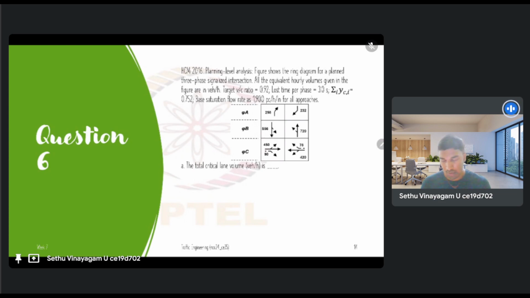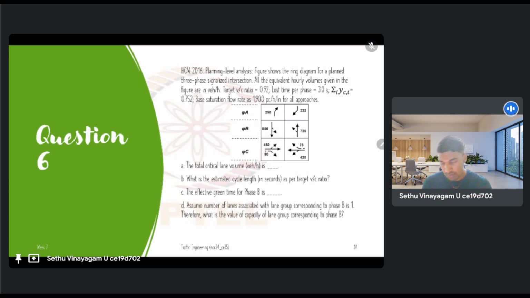So we have to find the total critical lane volume, the estimated cycle length for the given target V by C ratio, the effective green time for phase B, and then assuming that phase B has only one lane, the capacity of that lane for phase B. And finally, the incremental delay that is associated with this lane group, which is actually a single lane for phase B. Here we'll be following the methodology that we looked at for planning level analysis.